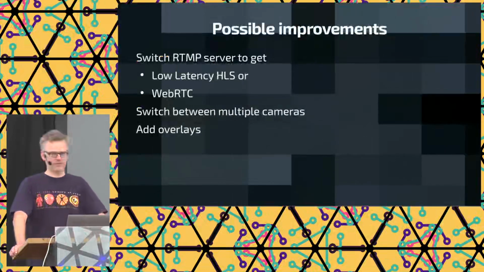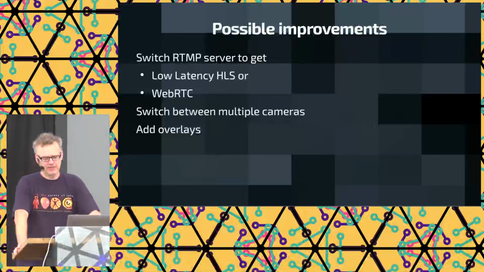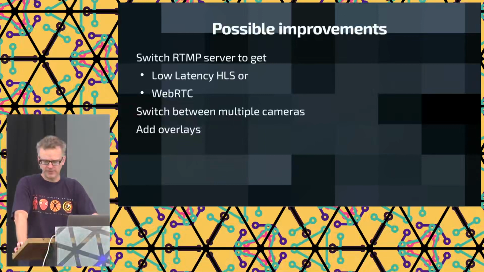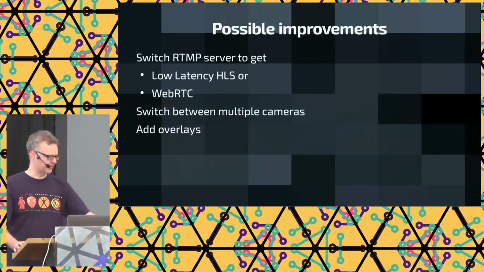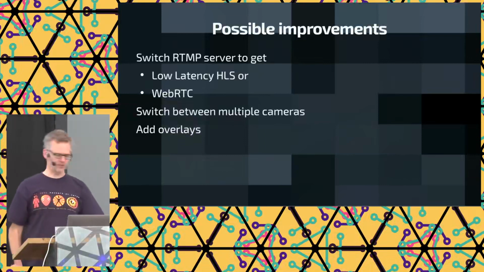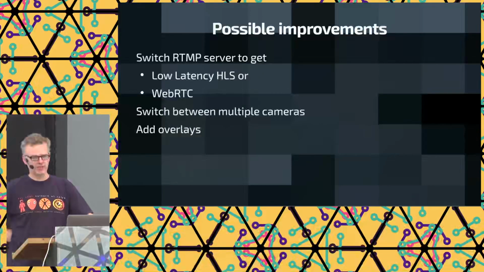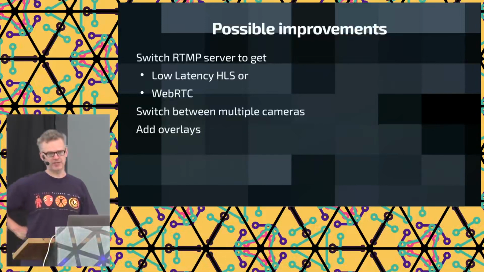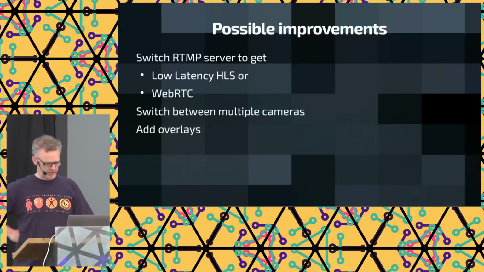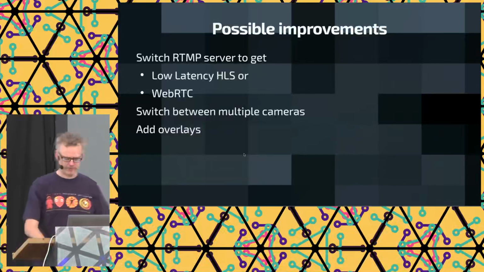But if you have a small number of clients, maybe tens of clients, then WebRTC is definitely a very interesting option. And I saw that the Oven Media server also supports WebRTC. Yeah, and you can also do some interesting stuff on your RTMP server, switching between multiple cameras. You can add an overlay using FFmpeg into the 360 image. And those are the two main improvements, I would say.